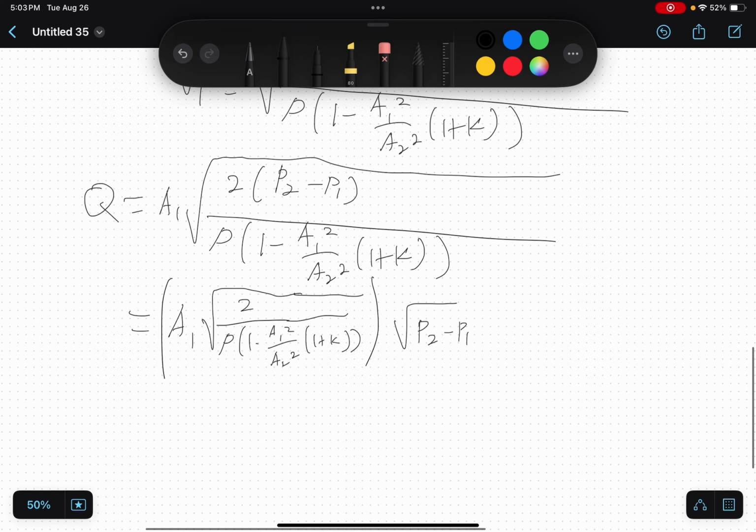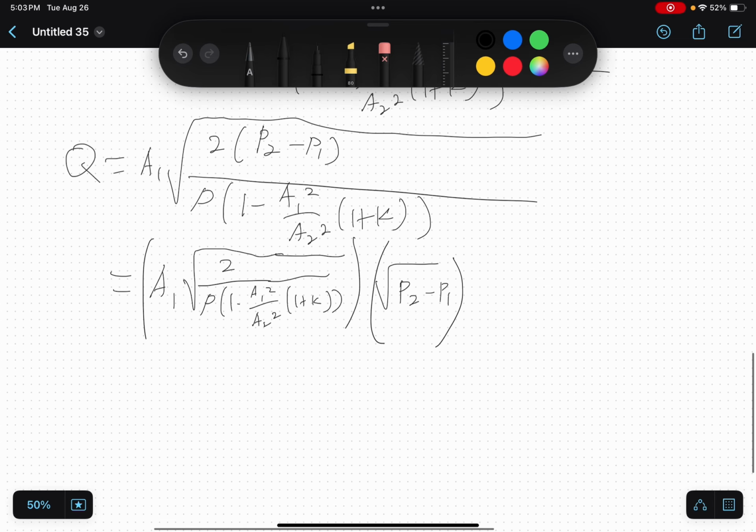And the way you'll see it written is they call this part K, and they call this part root delta P. But that is literally it.